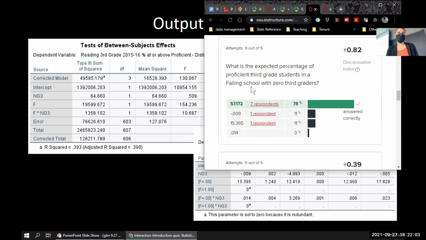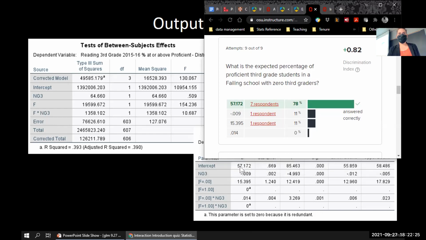Next, we have expected percentage of proficient third graders in a failing school with 0 third graders. So because they've coded F failing 1 as 0, that means that this is, yes, failing is the intercept. So this here is our 57.172 as the intercept.